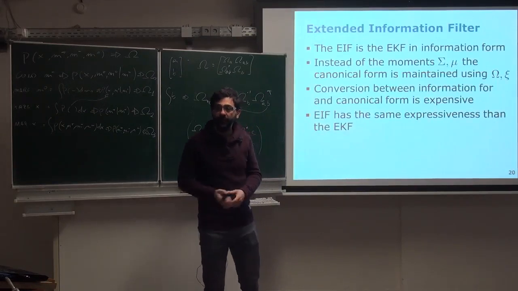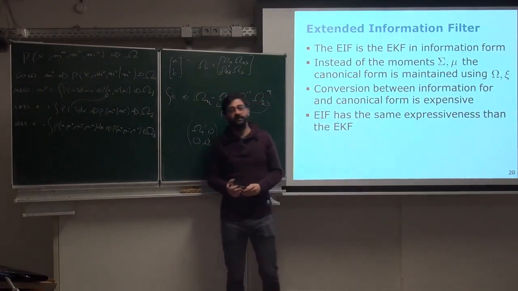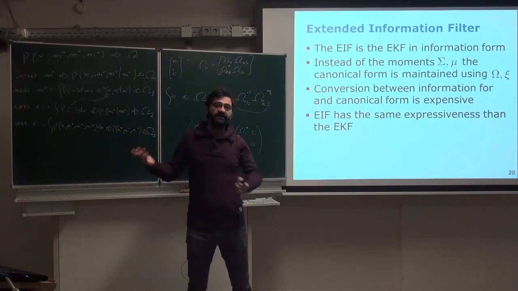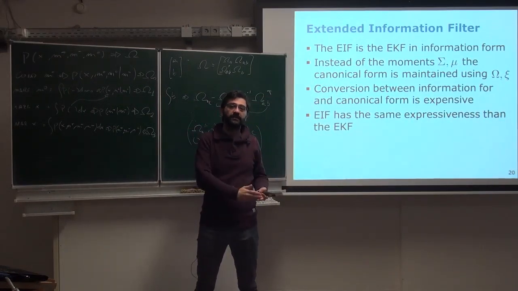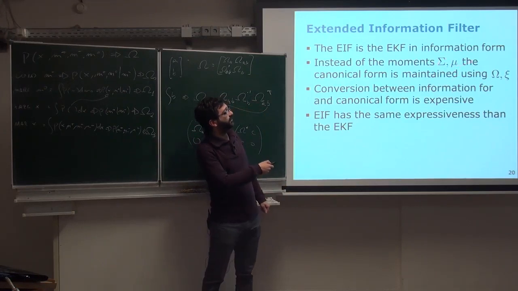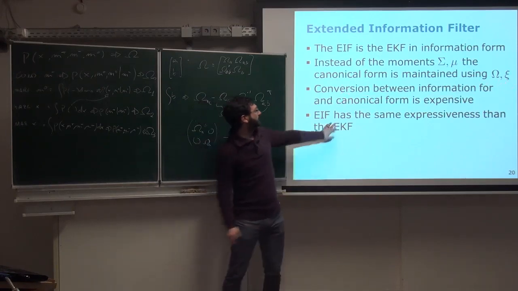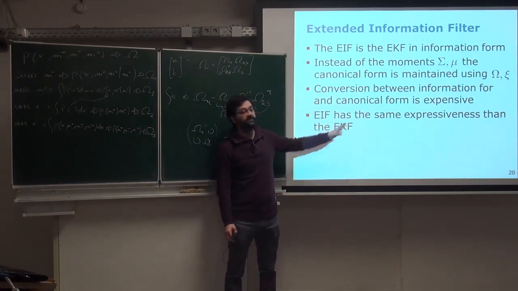And what we've seen is that this EIF, the extended information filter, is basically the equivalent of the Kalman filter when we work directly on this parametrization. Okay? And we have seen that instead of computing now this sigma and mu, we just compute directly omega and xi. And we have a conversion between these two, and the complexity and expressiveness is roughly the same.